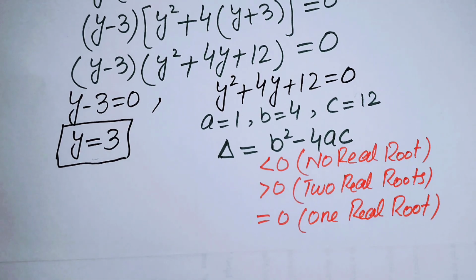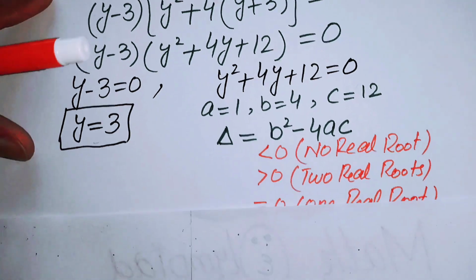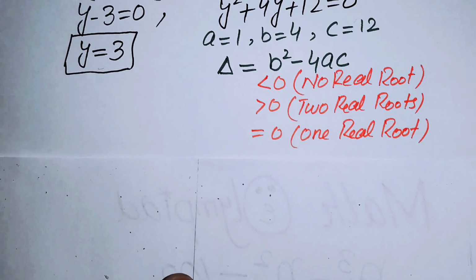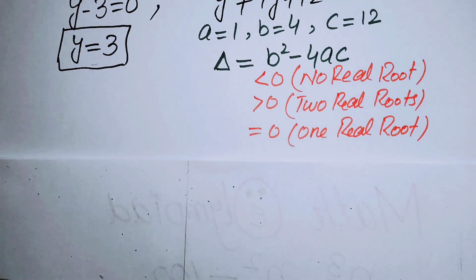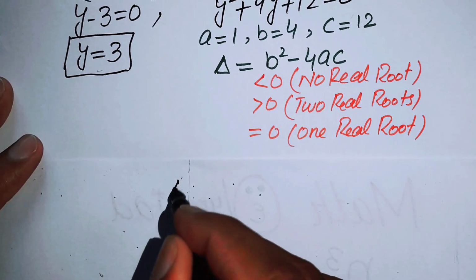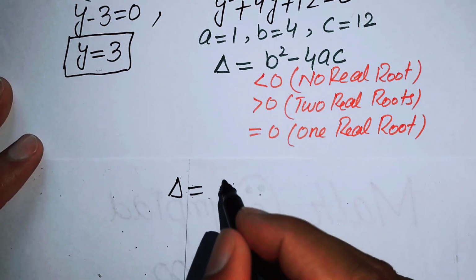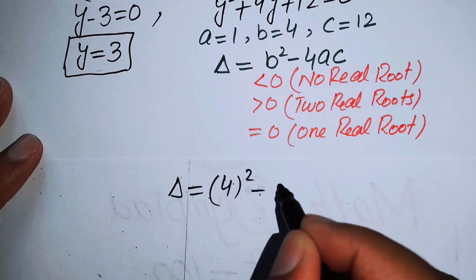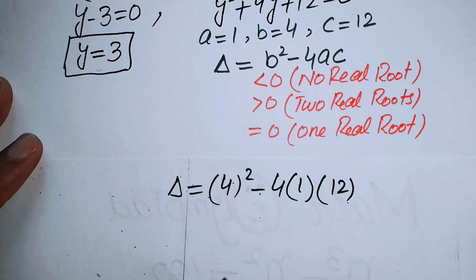So now I can check the behavior of this delta by putting the values of a, b and c here. This delta is equal to b squared minus 4ac. The value of b is 4, so it becomes 4 squared minus 4 times a is 1 and c is 12.